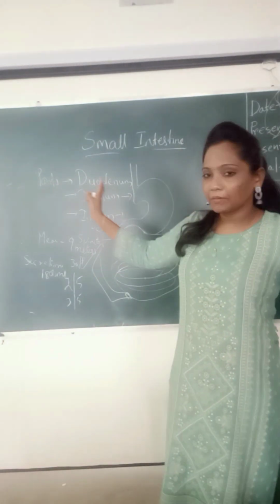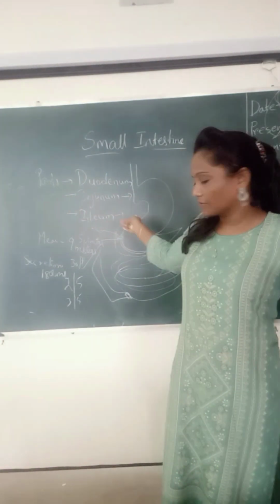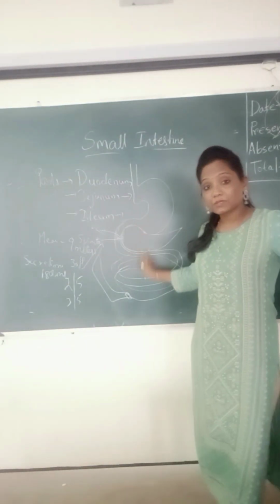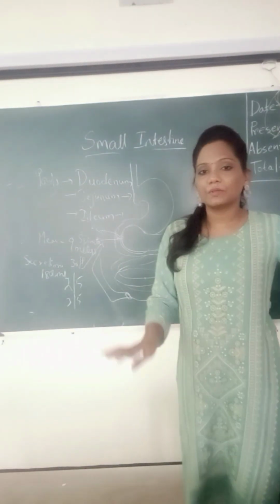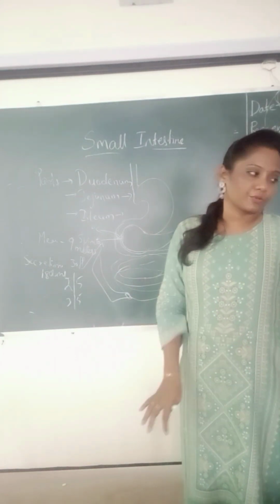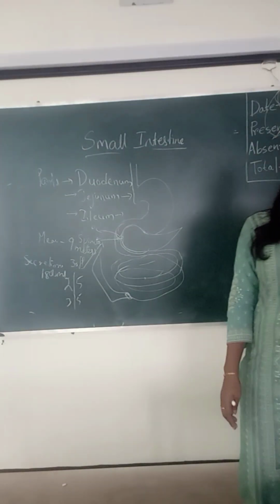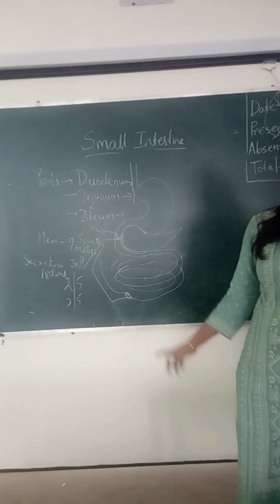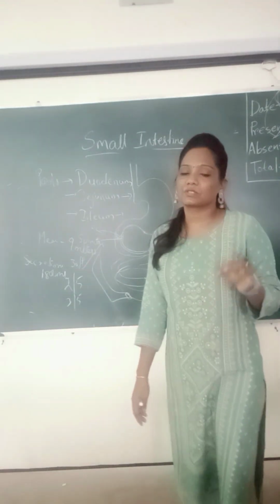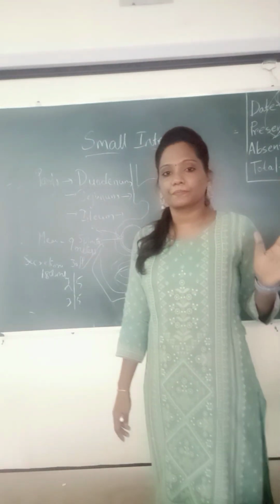That means juices either from the gallbladder or from the pancreas, all these juices will be added here, and from the small intestine juices will be produced which help with food digestion and absorption also. So a total of 1800 ml will be released in 24 hours. The main function we have to speak about is absorption.